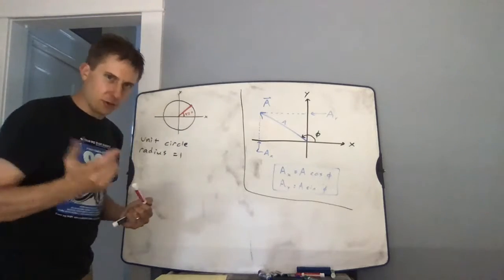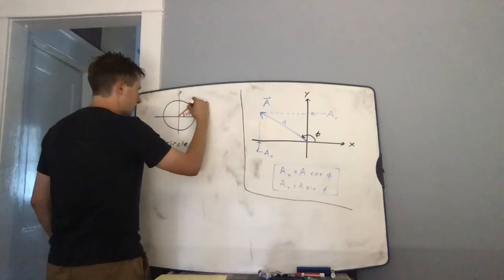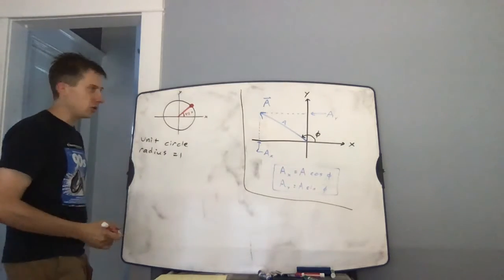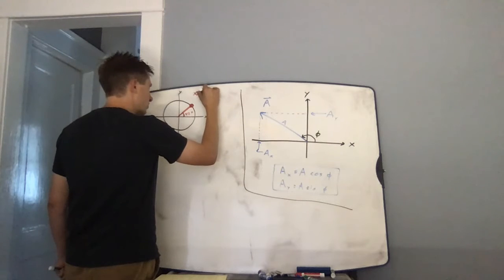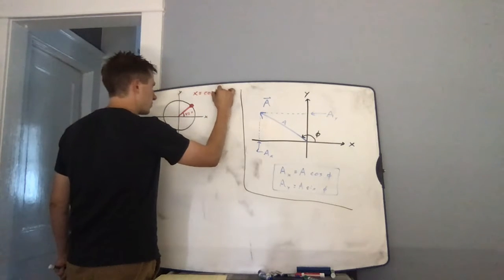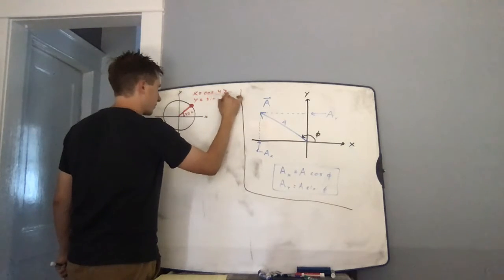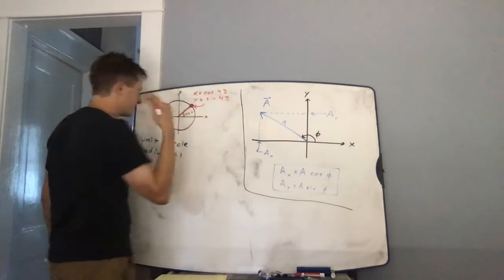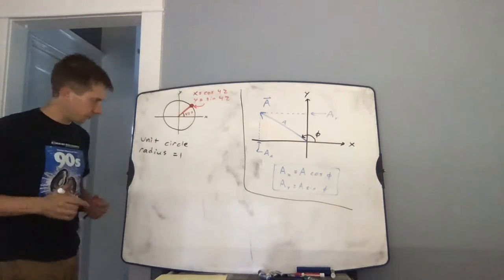Well, we then learned that the x and the y coordinate of this point on the unit circle is x equals cos 42, y equals sine 42. That is the x and the y coordinate of this point on the unit circle.